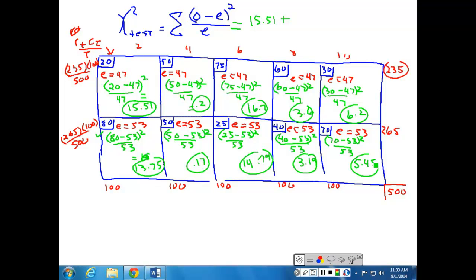So now 15.51 plus 0.2 plus 16.7 plus 3.6. In other words, just add up the numbers that I circled there. Does anybody have a sum for that?